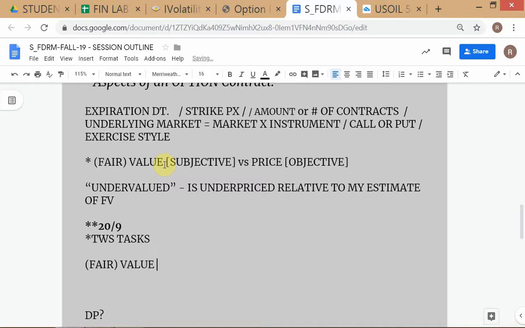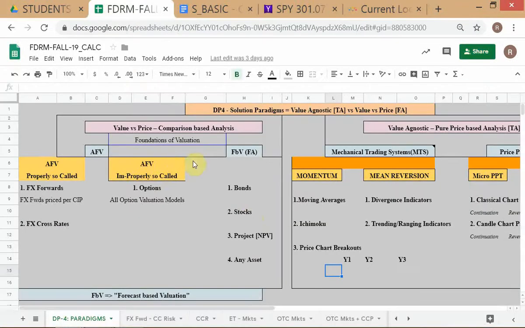So if we talk about fair value models, what you have to understand is that all these models that you've already covered in your FM1, FM2, the basic structure of these models is all the same, right? We discussed this briefly the other day.